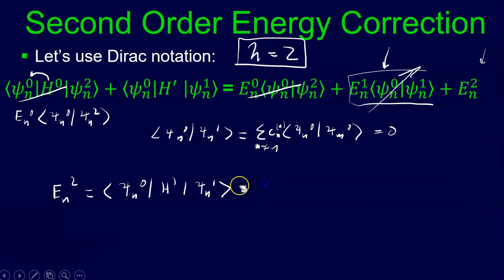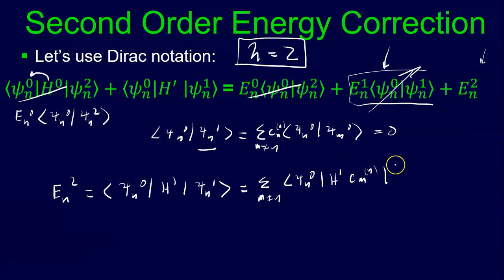Again, this psi n 1, I can express as a sum over m not equal to n: psi n 0, H prime, and what we'll be multiplying these by are our coefficients c m n, times the eigenstates of the unperturbed Hamiltonian.